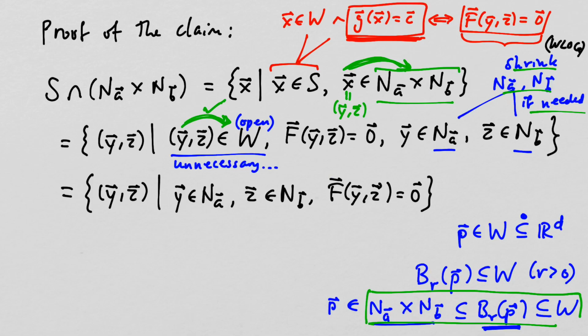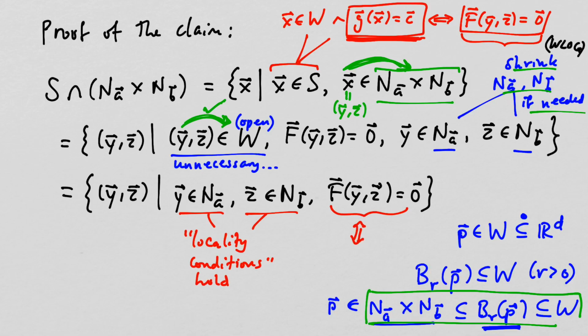All right, but now notice also that these are exactly the locality conditions in the implicit function theorem. And that tells us that this last condition can be replaced, since the locality conditions hold. The equation big F equals 0 can be replaced by the locally equivalent equation y equals psi of z.